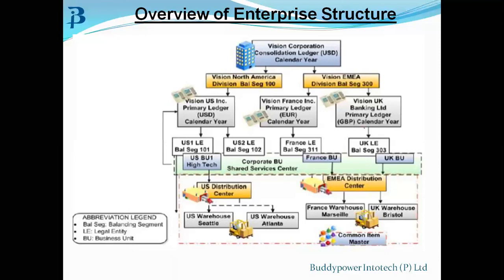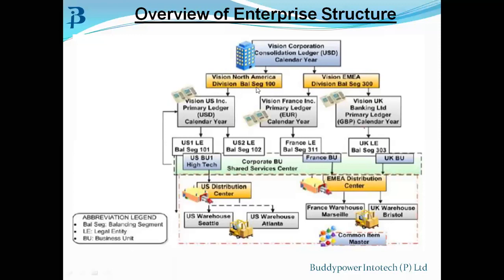Tomorrow we'll show you in the practicals which segments are created, like company, division and all that, so you'll get a clear picture of how it works. You make the company segment the balancing segment so that journal entries always balance by the company.